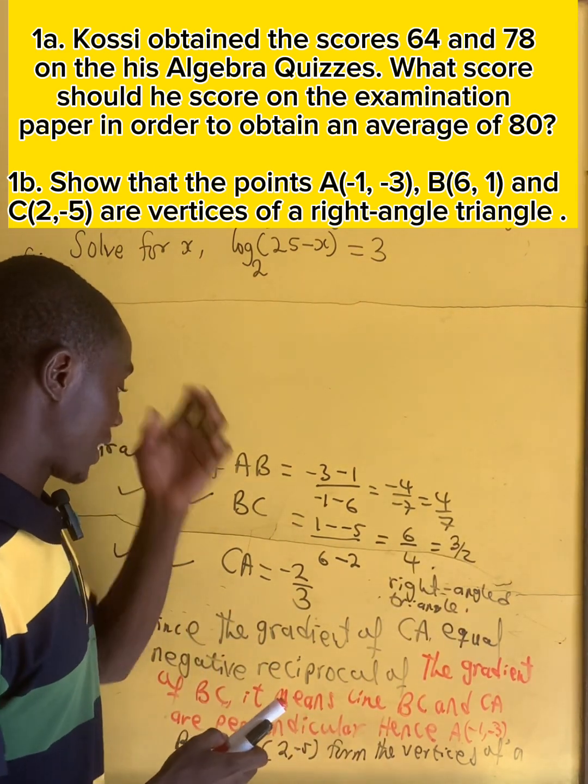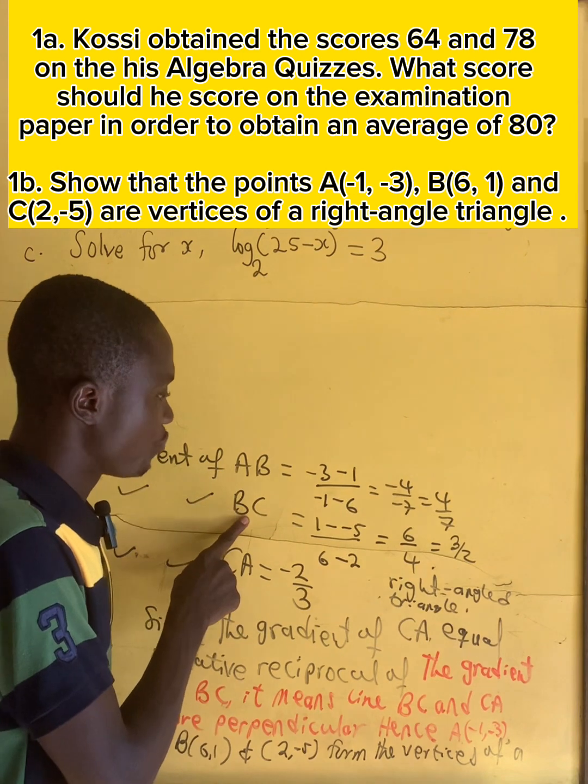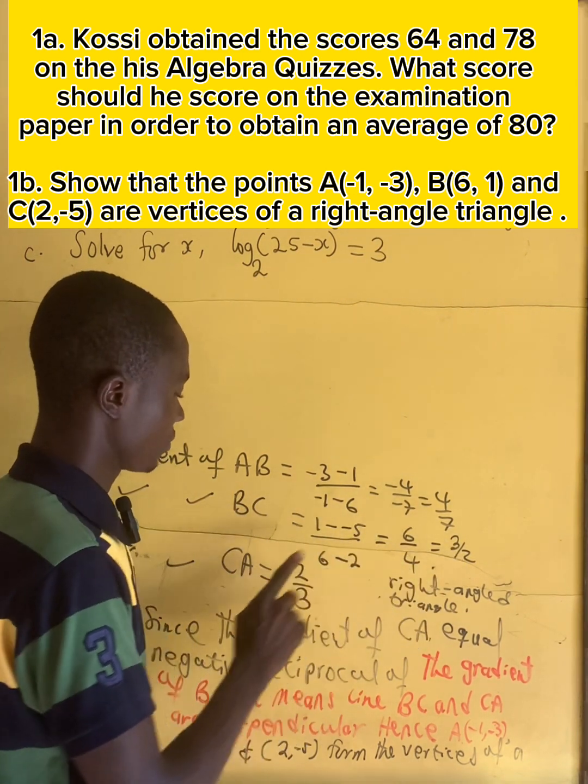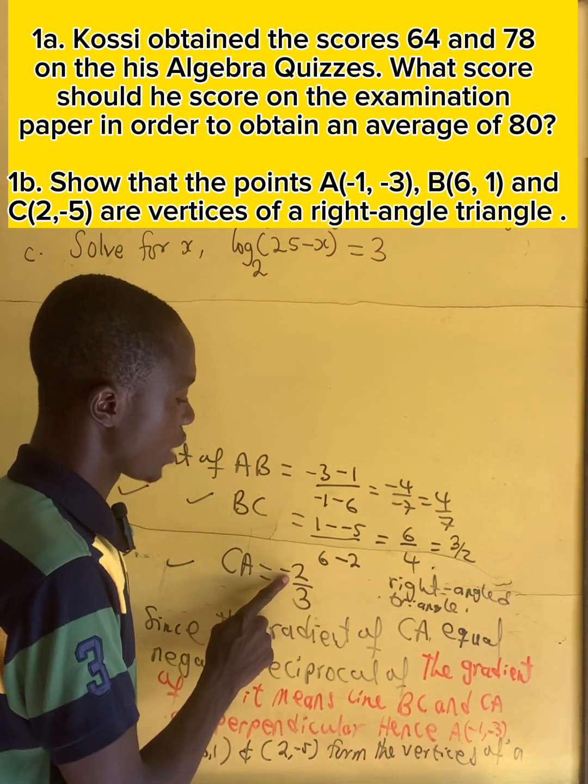So you see that the gradient of BC is 3 out of 2, and the gradient of CA is negative 2 out of 3.